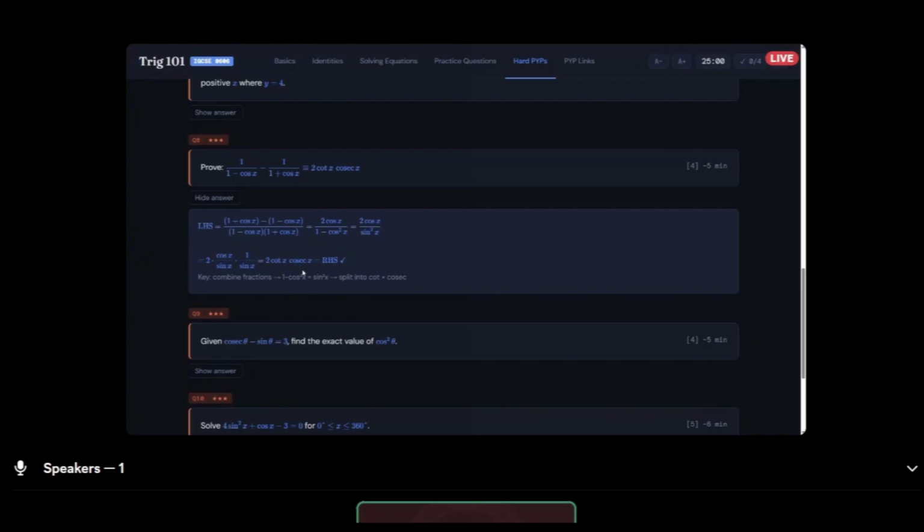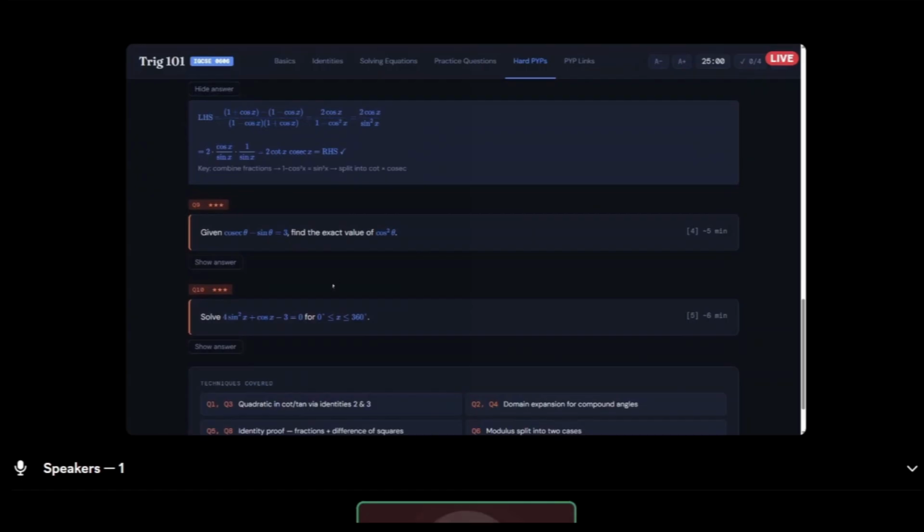So 2 times cot times cosec x equals this. If you're stuck somewhere, you can try substituting this answer into something you know, and then match it to where your current answer is, then it might help you get the right answer.